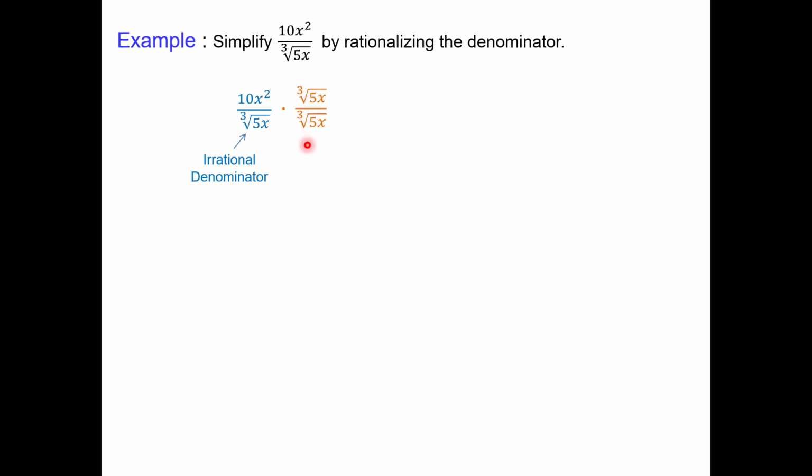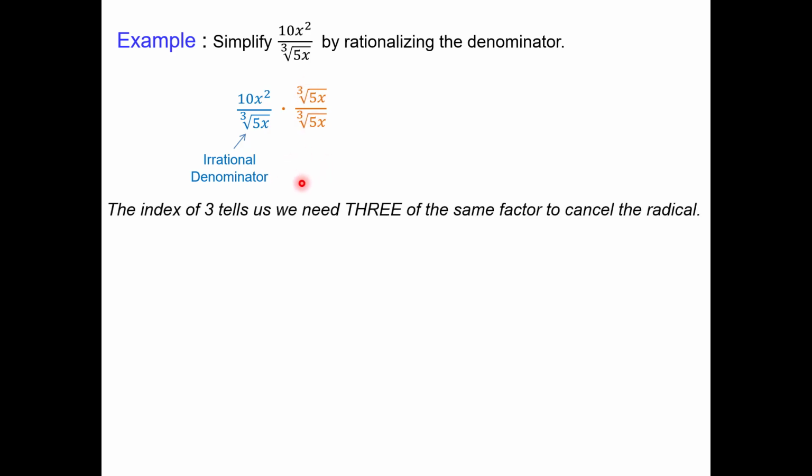That's the number 1 again, but that's not enough. Okay, the index here tells us we need 3 of the same factor to undo or cancel the radical. So just multiplying by another cubed root of the same radicand, it's not going to undo this cubed root, this radical. So we need it to have a third one, and here's why.